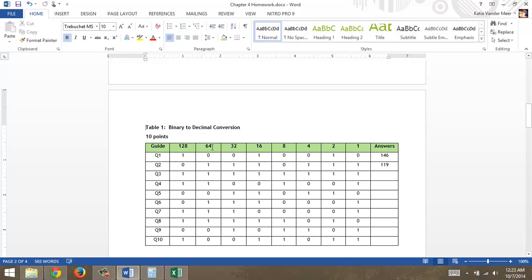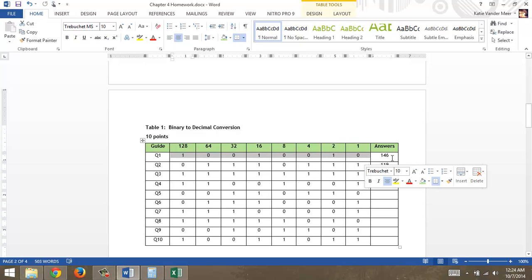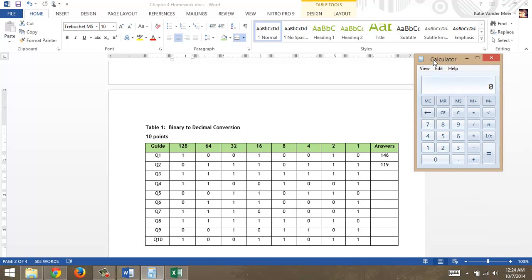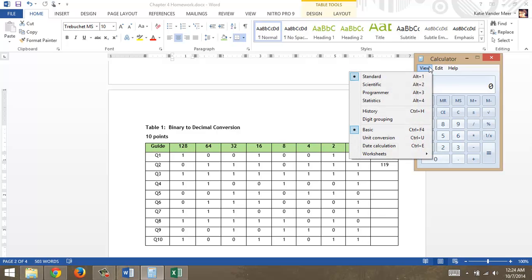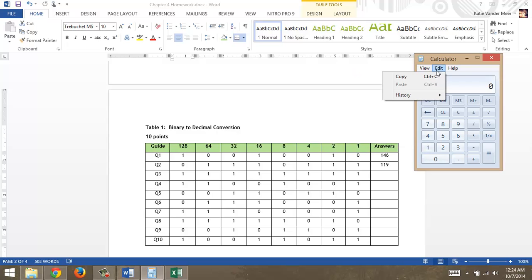Table 1, binary to decimal conversion. You're given an 8-bit stream right here, and you need to tell me what the answer is in dotted decimal notation or decimal conversion. You can use your handy calculator, and in the programmer part of the calculator on Windows, some systems are just scientific, but you can use the binary calculator as well.